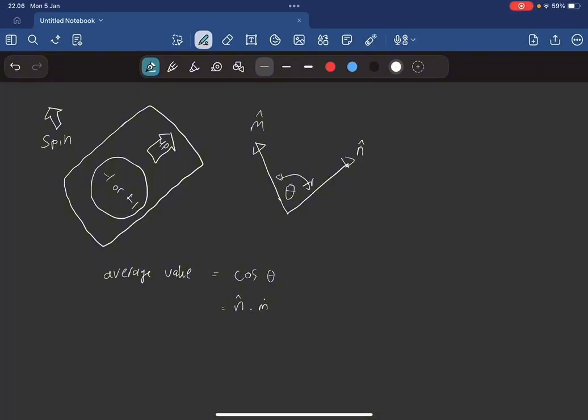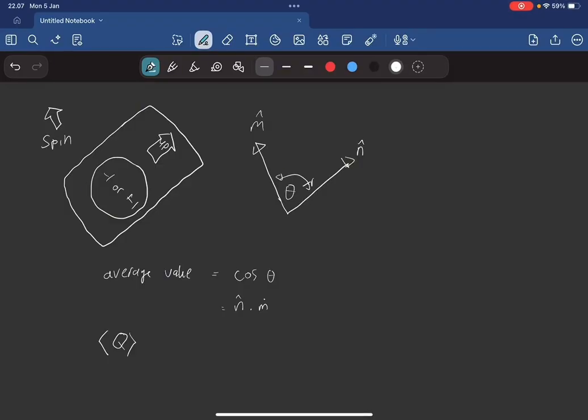The quantum mechanical notation for the statistical average of a quantity Q is the Dirac bracket notation. So like this. This is the quantum mechanical notation for the statistical average of a quantity Q.